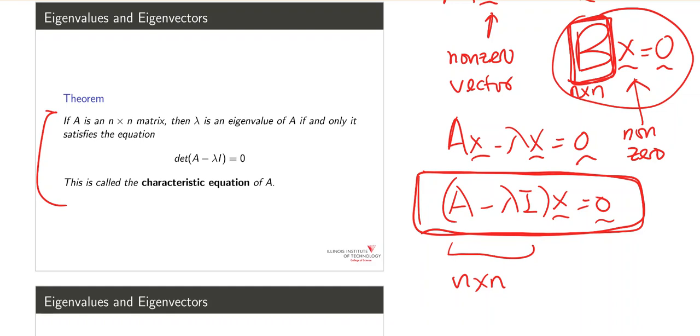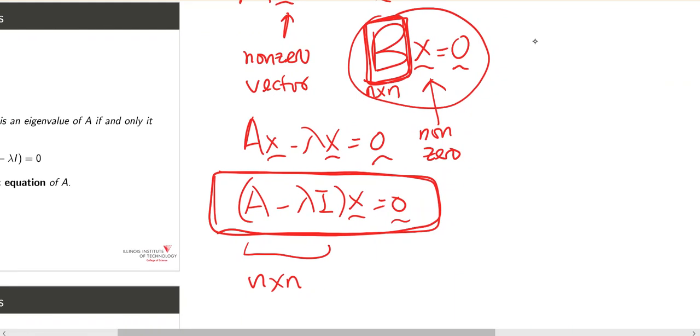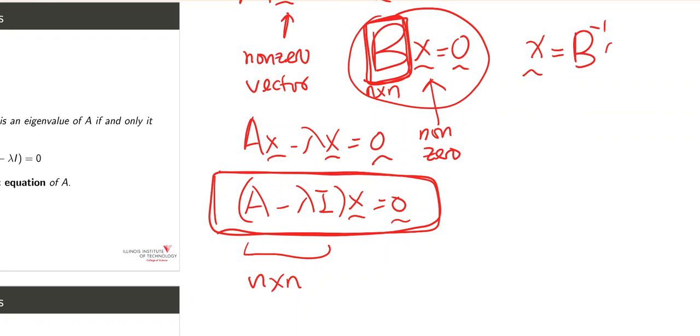Because if this matrix B is invertible, you can invert it, and you will have x equals B inverse times 0, which will give you 0. This is not what we want, because we want x to be non-zero.